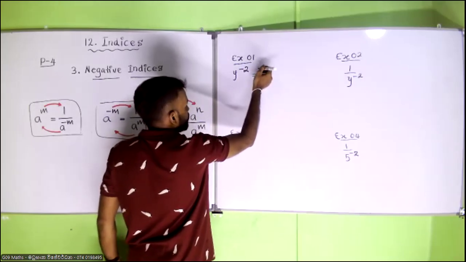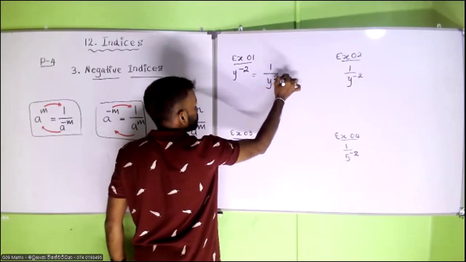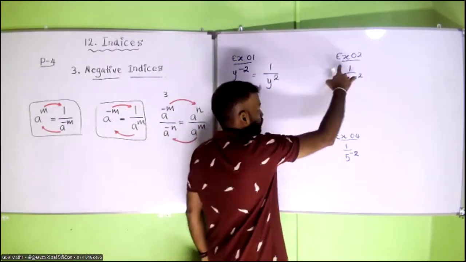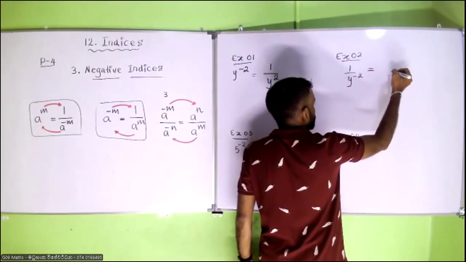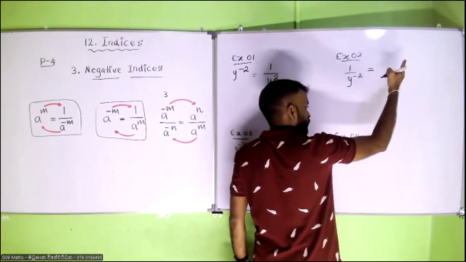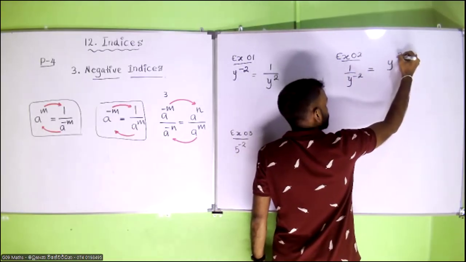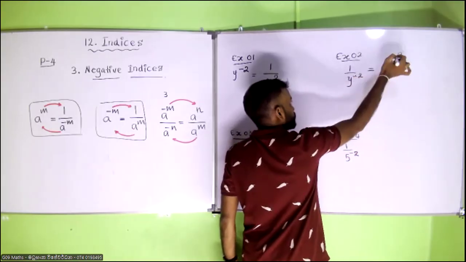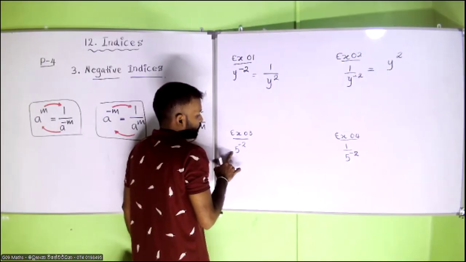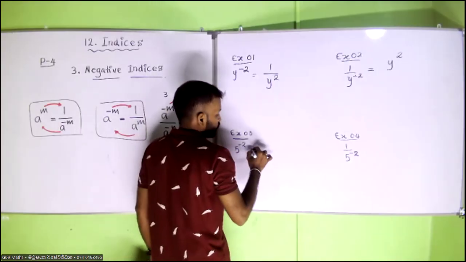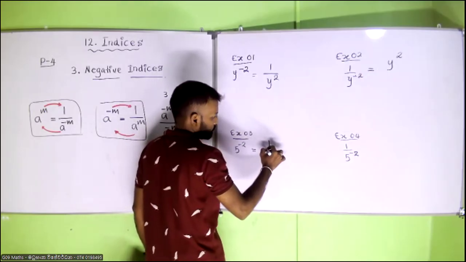You have to obtain the positive power. Take the reciprocal. Y to the power positive 2. Sorry, 1 upon y to the power minus 2. You need to obtain the positive power, get the reciprocal, y to the power 2. Negative becomes positive. Y to the power minus 2, you have to make sure that you have positive power, reciprocal.